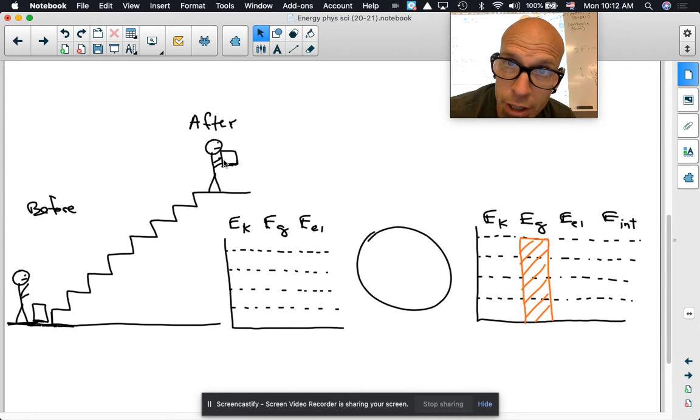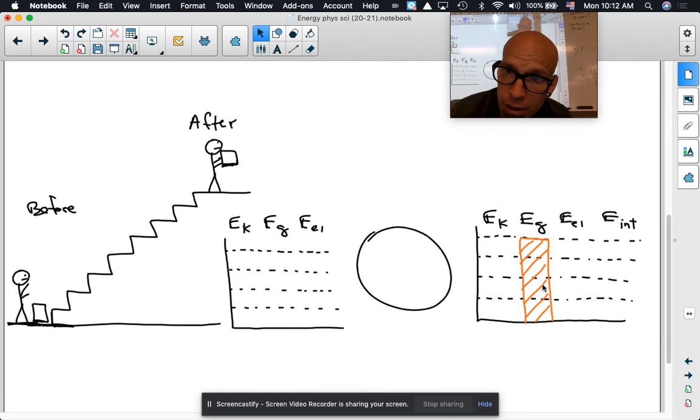How much work? Well, the work done is exactly the amount equal to how much gravitational energy the object now has. We couldn't get something for nothing. So that means work had to have been done to the box by the person. That means energy was transferred to it by the person. How much?